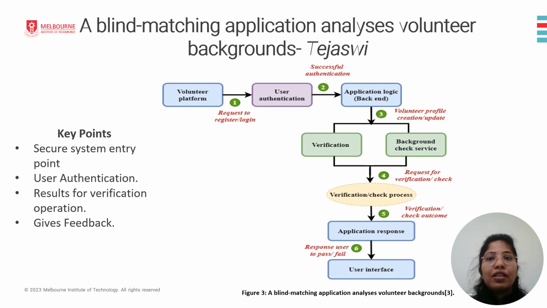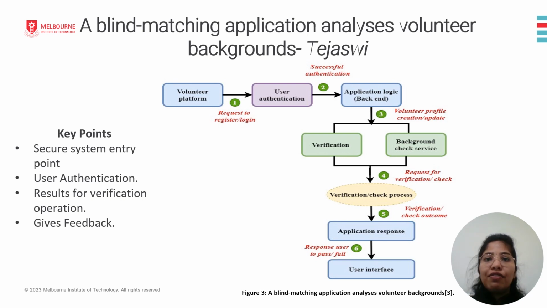When the application requests it, the volunteer credentials are checked and the verification and background check service is enabled. As part of their thorough screening process, the application looks at the volunteer's credentials and predetermined standards. After the background check and verification process is finished, the application receives a copy of the results. The application will respond with a success or failure message depending on the results of the verification process.